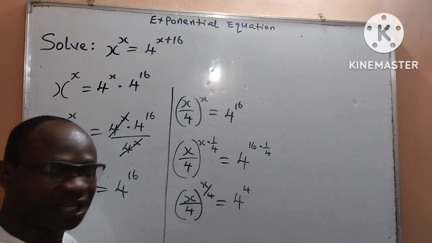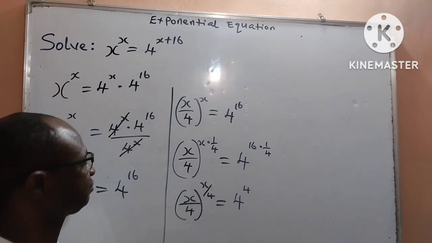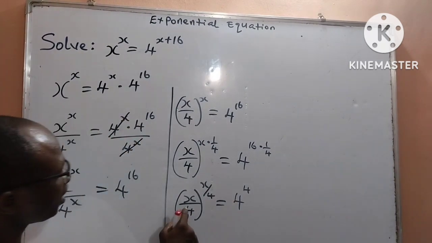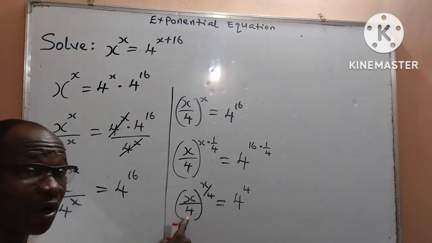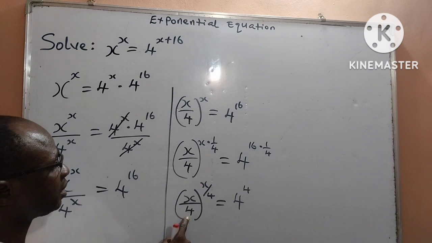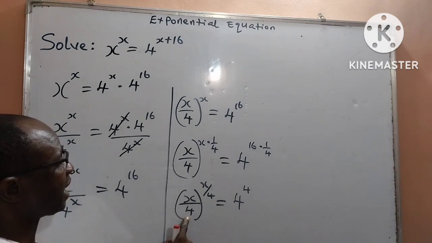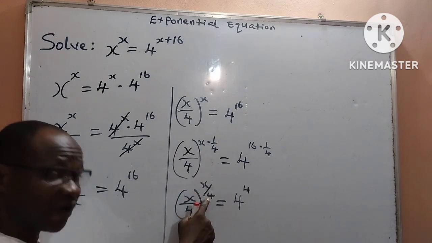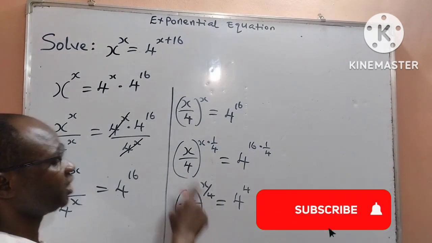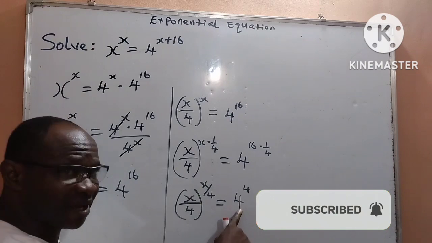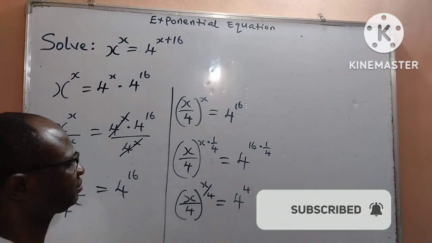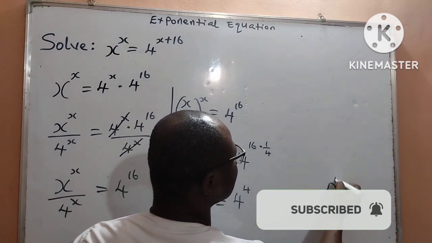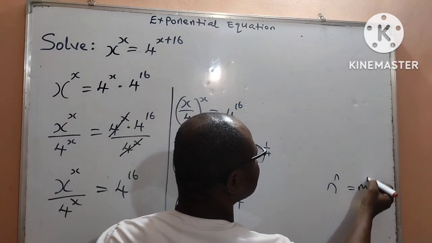Therefore, by this law, we can now say that since my base here is x all over 4 by the left hand side, and with a power x all over 4 as well, is equal to the right hand side base 4 with a power 4 exactly. Therefore, the law will now work out.